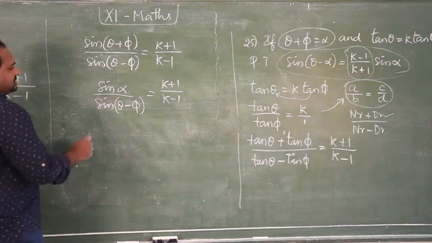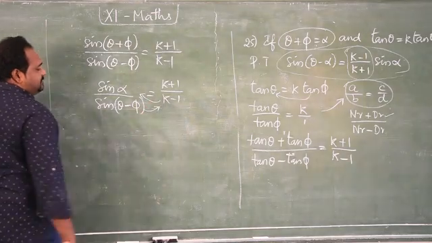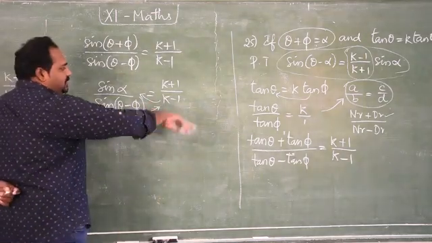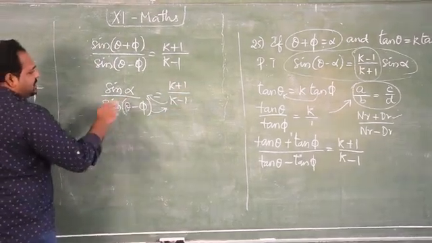How can we rearrange? I have to bring this denominator to the other side. When you bring it to this side, it will be the reciprocal.